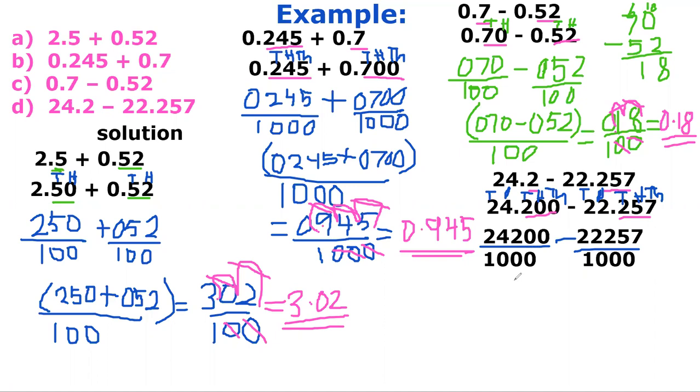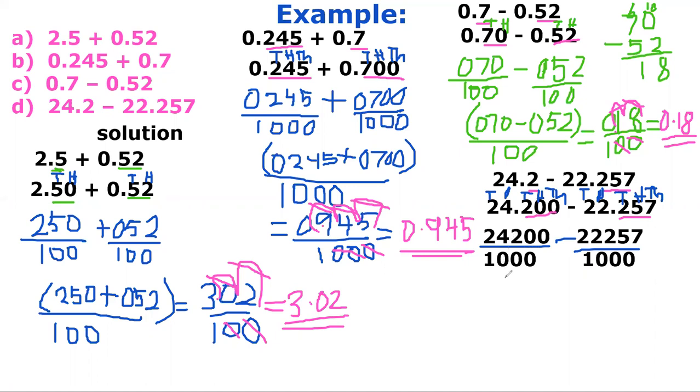Now because they have the same denominator, you are going to choose one, because now they are like fractions. A fraction has only a numerator and the denominator.